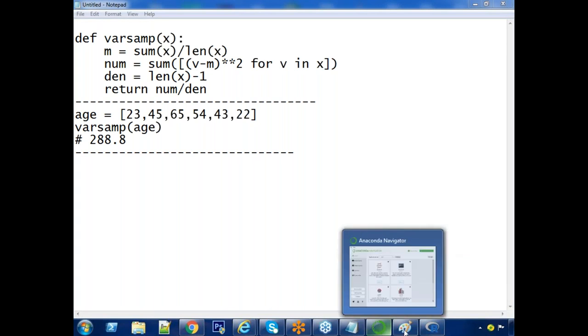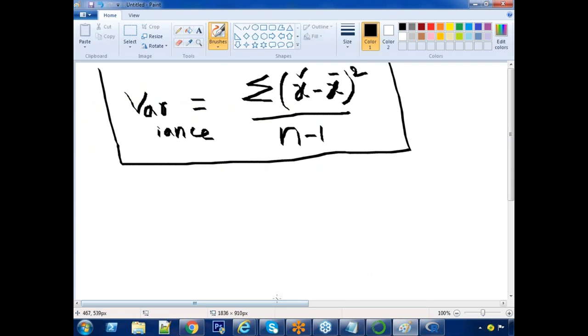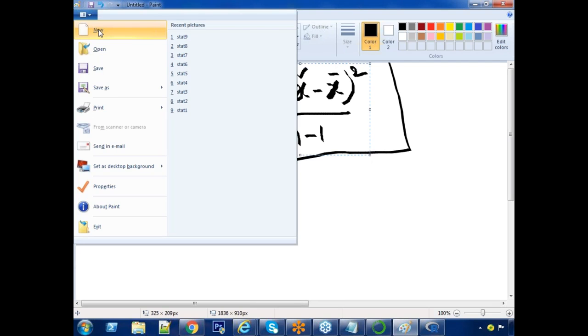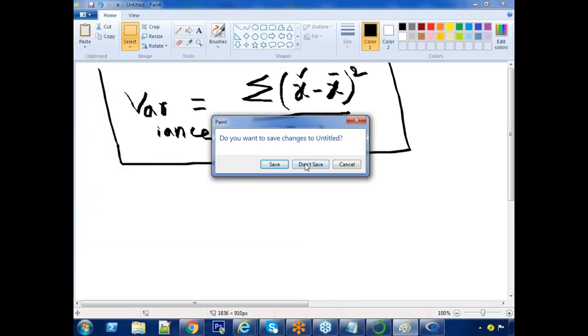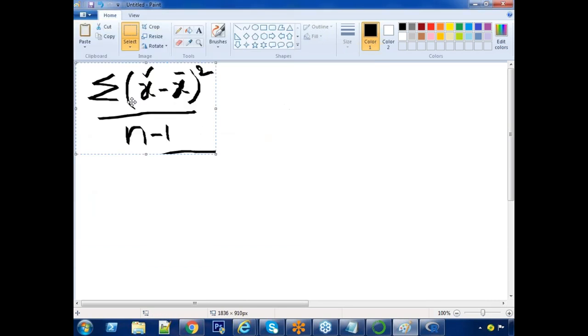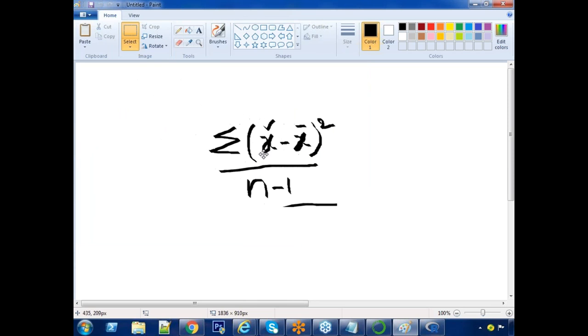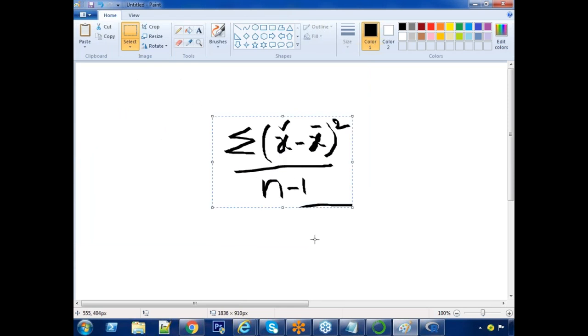Next one, I am giving a small change in the formula. Based on this, you tell me what to do now. Okay, this is the formula. I am applying square root to this entire expression.